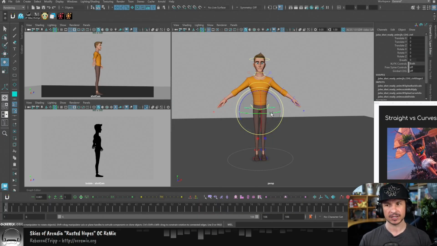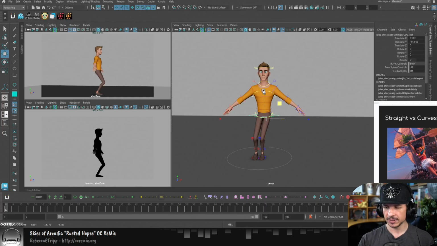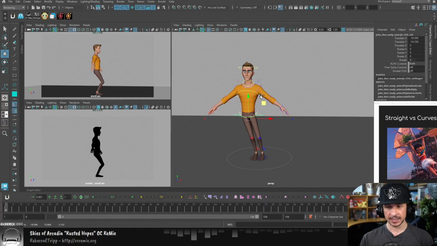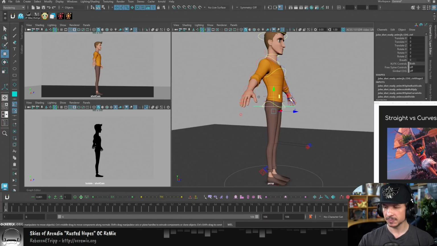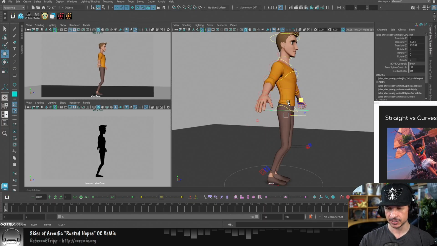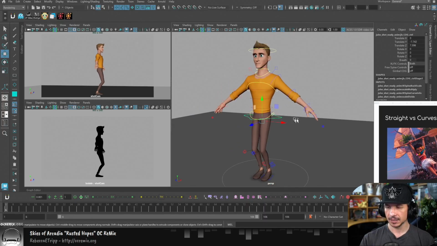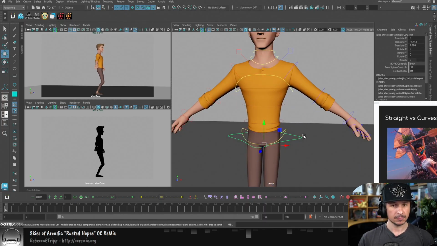The cog, center of gravity control. Sometimes it's the master hip control. There's different names for these, but it's the control that's going to allow you to move the whole upper body together like this. This is going to be one of the most important because this helps you to place your character right through there. From there, for the body, we will typically have either an FK spine or an IK spine.